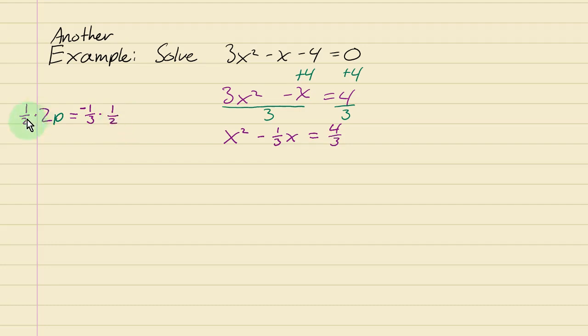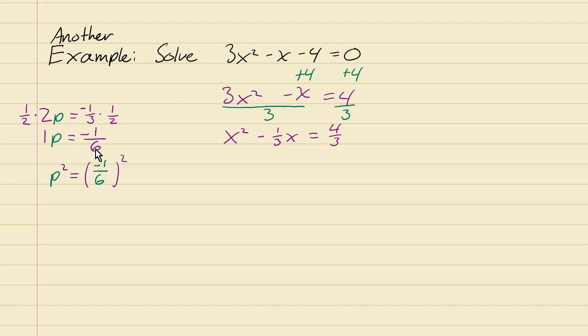Because that way you know that the 1/2 times 2 cancels out. It gives you just 1 times p. And on the other side of this equation, you can multiply these fractions. The negative 1/3 times 1/2 will give you negative 1/6. So that's your p: negative 1/6.